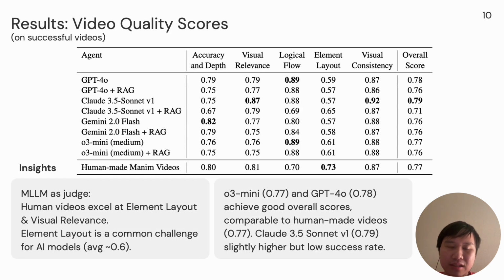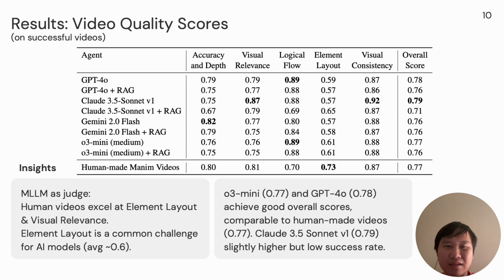Among those successfully generated videos, we applied the 5 metrics, and we found O3-mini and GPT-4o scored around 0.77, which is comparable to human-made Manim videos, and Claude scored the highest, although it only succeeded in a few samples.